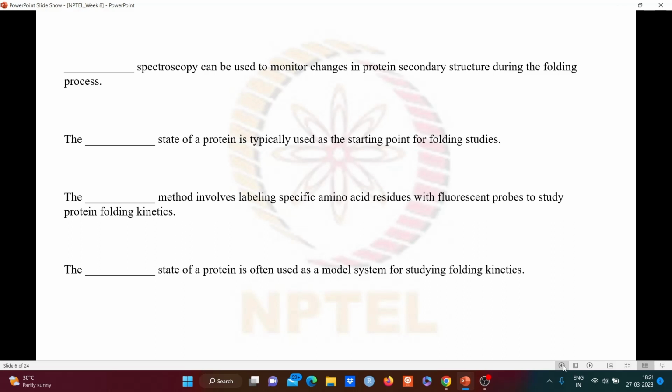Starting with the first one, what spectroscopy can be used to monitor the changes in protein secondary structure during the folding process? I repeat the question. What spectroscopy can be used to monitor the changes in protein secondary structure during the folding process?